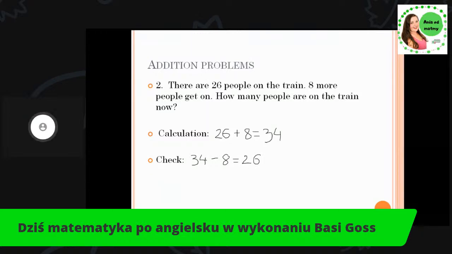That means our calculation is correct. We've checked. And the next step is answer. Please write a sentence to answer this question. How many people are on the train now?